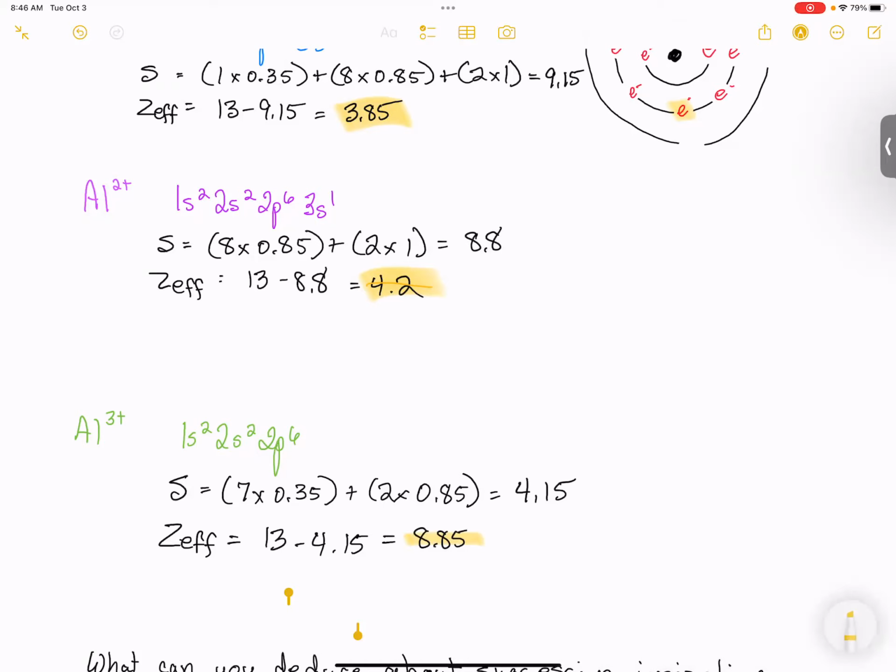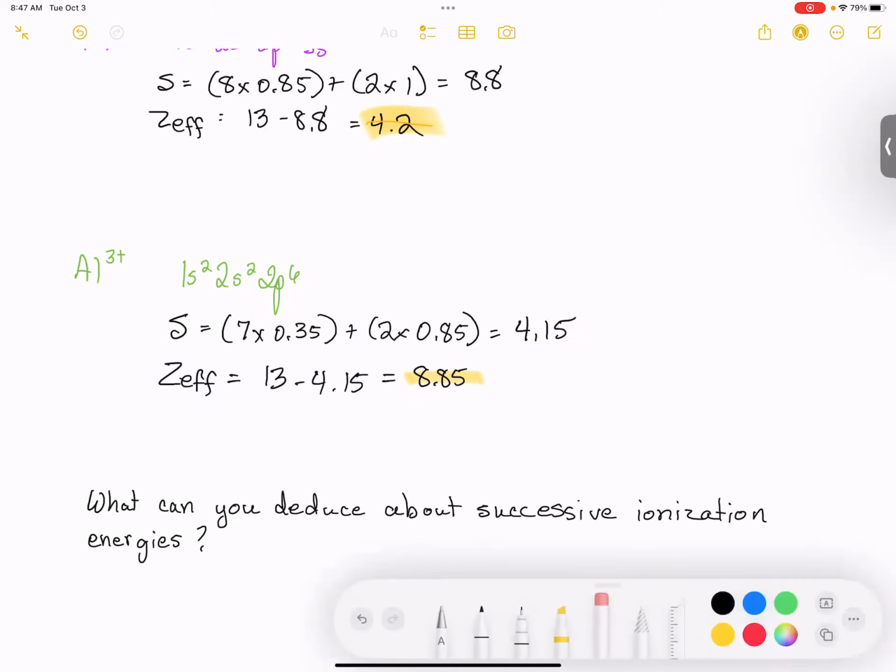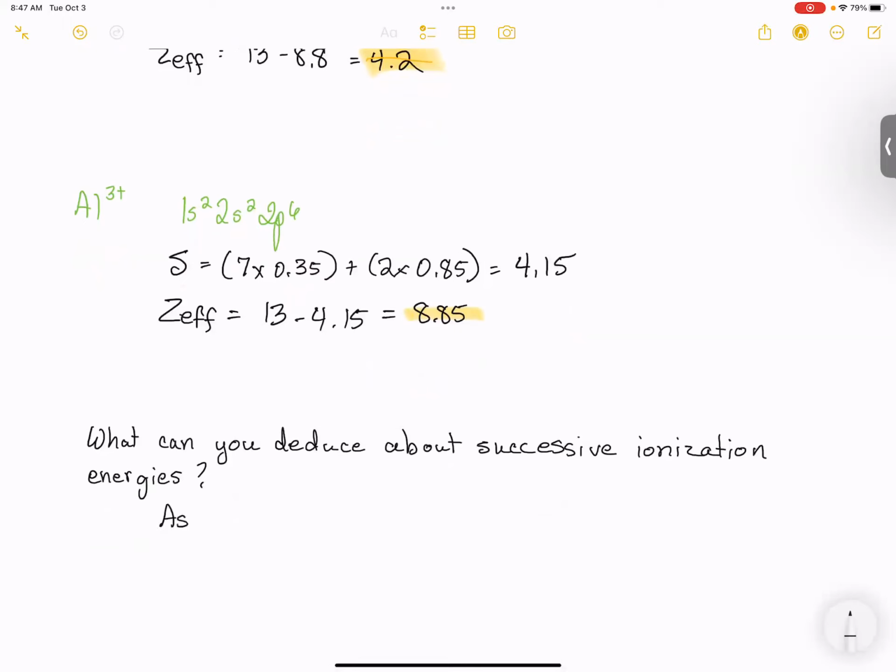So let's talk about what you notice. What can we deduce about successive ionization energies? As you remove an electron, Z effective increases.